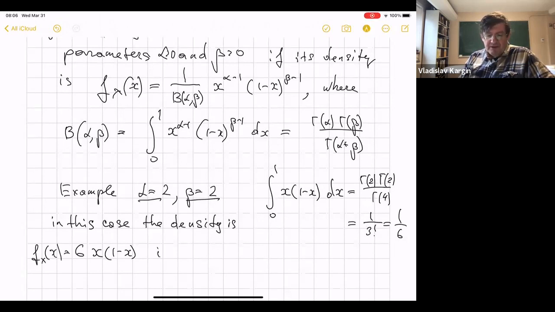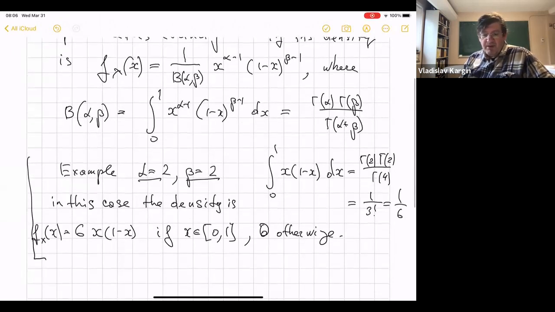It holds if x belongs to the interval from 0 to 1, and 0 otherwise. And so this is an example of the distribution of this random variable.